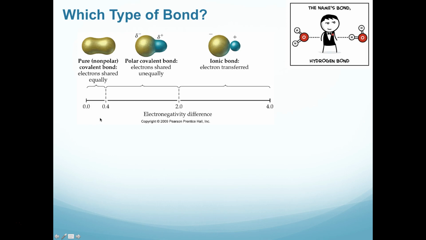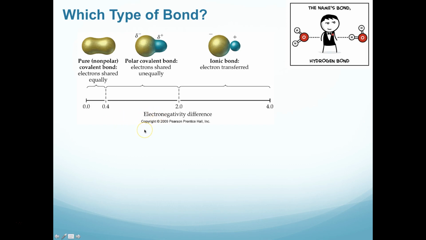Some good examples of this are going to be any atom that's bound to itself, right? We expect those electrons to be shared equally. One that I want you to write down or add here is that if I have a C-H bond, carbon-hydrogen bond, that we're going to see a lot in organic chemistry, it will also be considered a nonpolar covalent bond because there's not a very big difference in electronegativity between carbon and hydrogen.